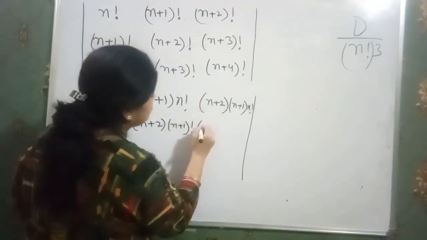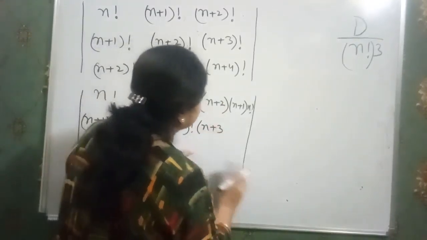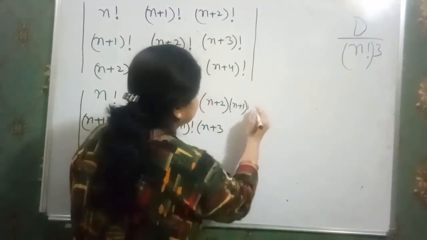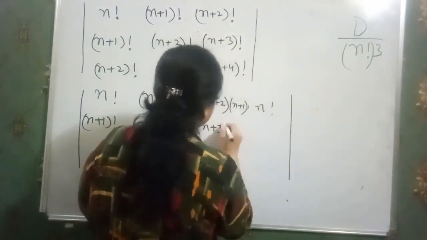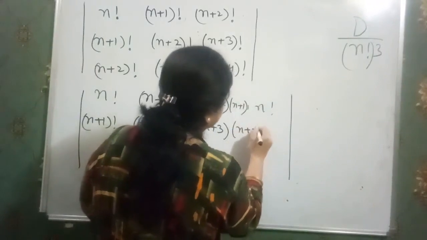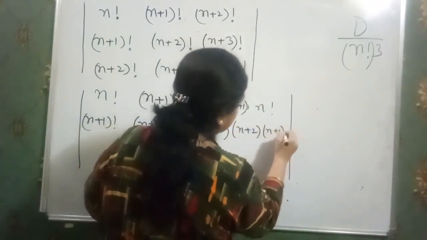Similarly, there I have n plus 3 factorial, n plus 2, n plus 1 factorial. Clear?